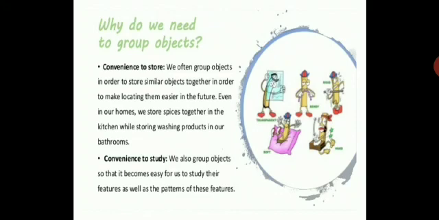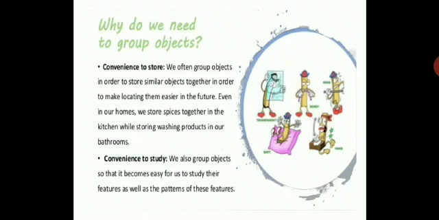Now why do we need to group objects? Because it is convenient to store. We have so many objects around us and we use so many things in day-to-day life. We often group objects in order to store similar objects together, to make locating them easier in the future.